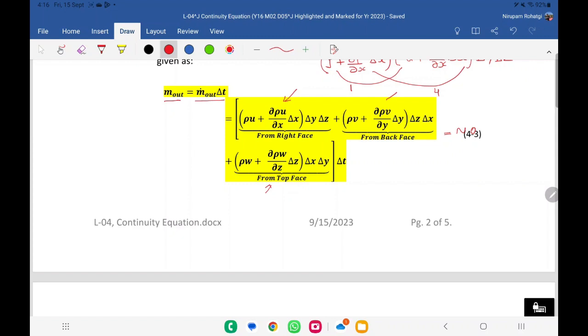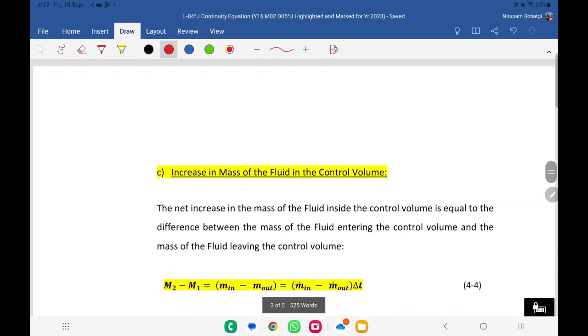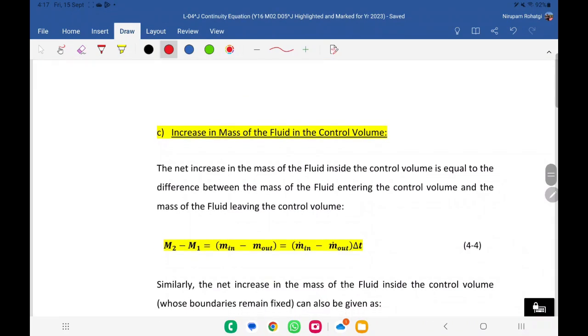So this is the mass flowing out. Now you find out the increase in mass of the fluid in the control volume. M2 is the final mass, M1 is the initial mass. So this is how much the mass has increased, and this will be equal to M in minus M out.